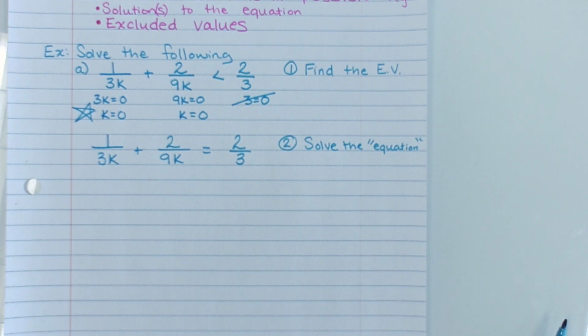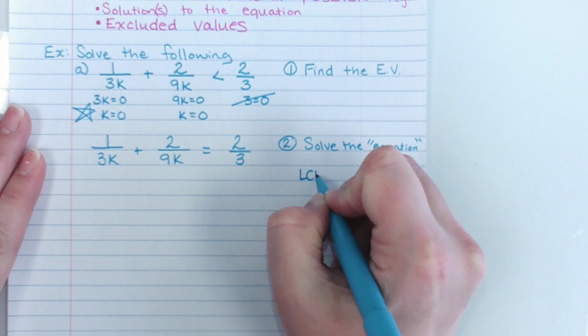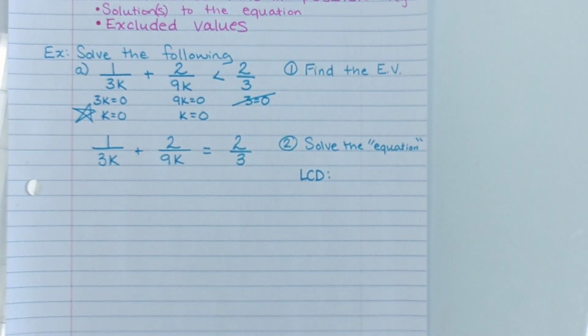Okay, I want to solve this. In order to solve a rational equation, the first thing I find is the least common denominator. In these denominators, none of them have addition or subtraction, so none of them are going to be factored. I'm just focusing on the monomials. So I'm going to treat them like regular fractions, focusing on numbers first, variables second.